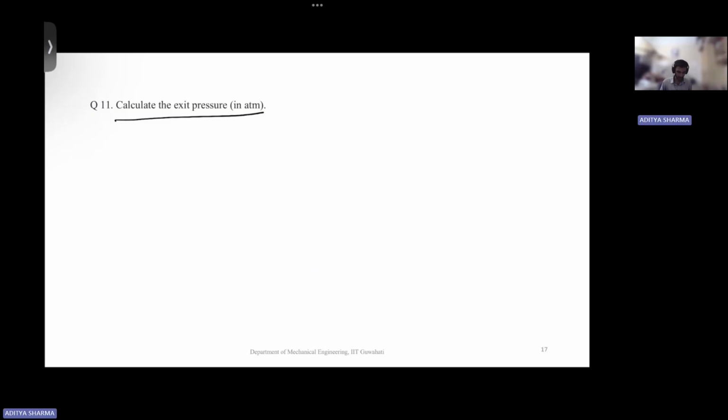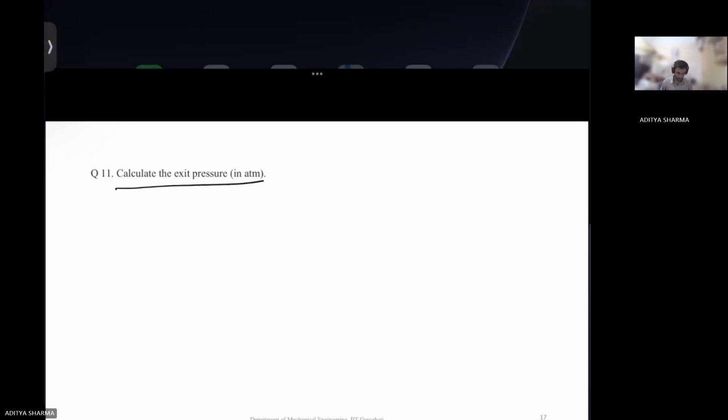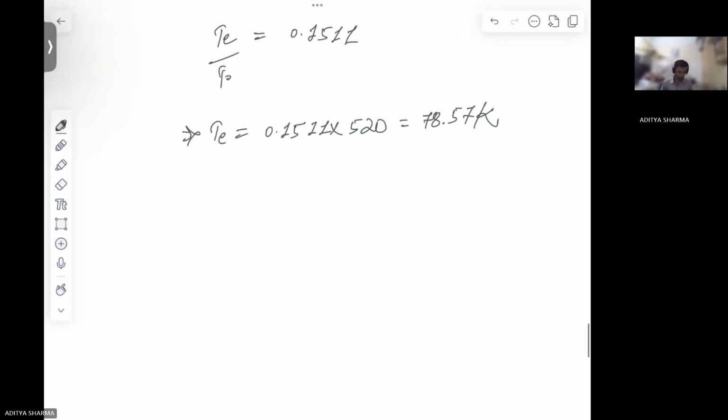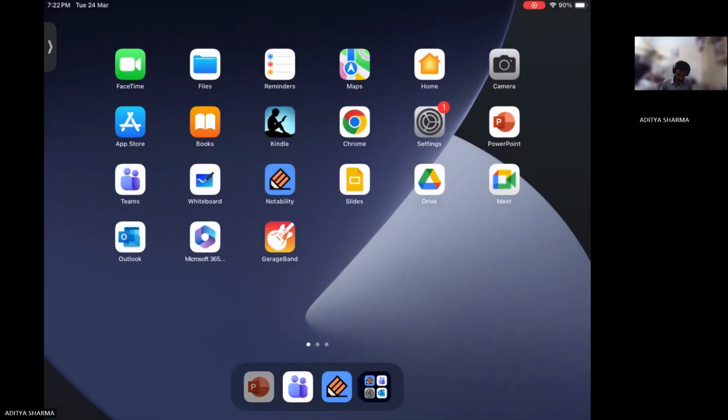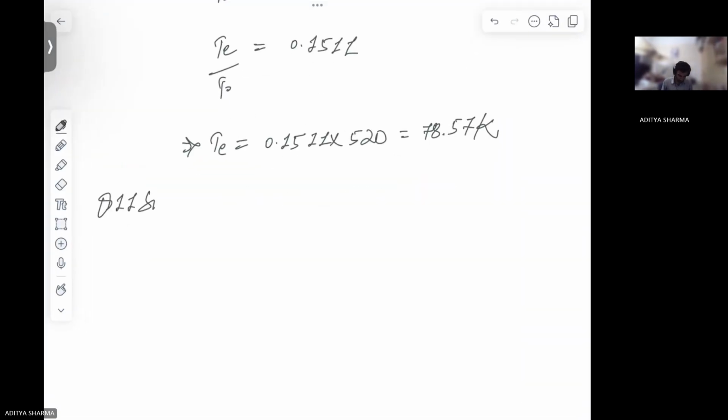Now it says that calculate the exit pressure. So now exit pressure we need to calculate. So basically this is P naught by P static, P stagnation by P static.